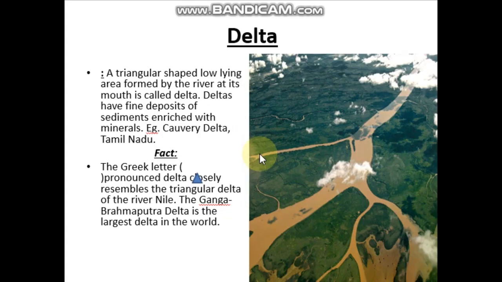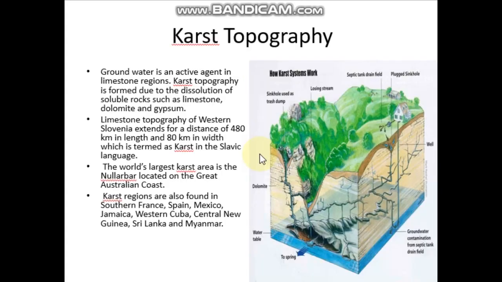Okay, students, next one. Karst topography. What do you mean by karst topography? Groundwater is an active agent in limestone regions. Karst topography is formed due to the dissolution of soluble rocks such as limestone, dolomite and gypsum.